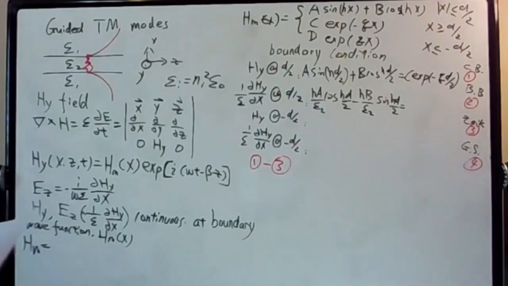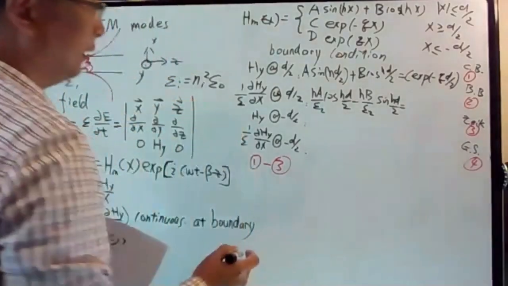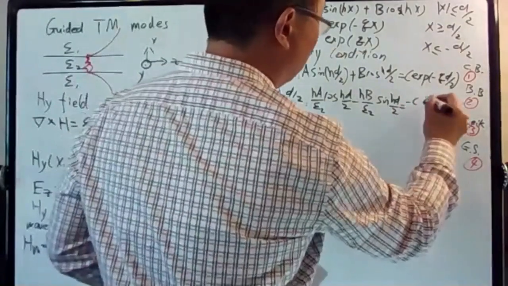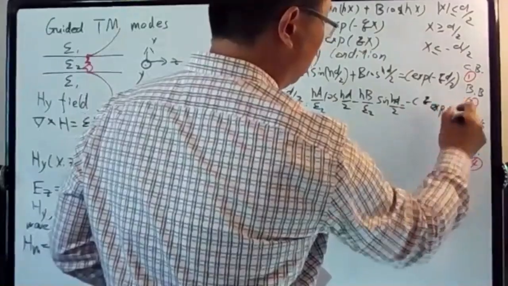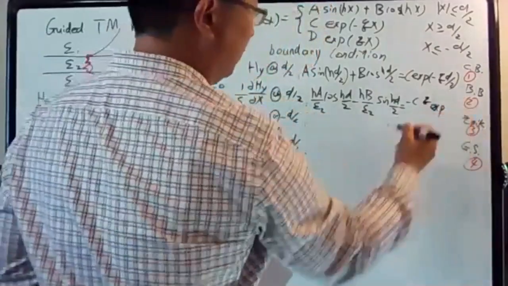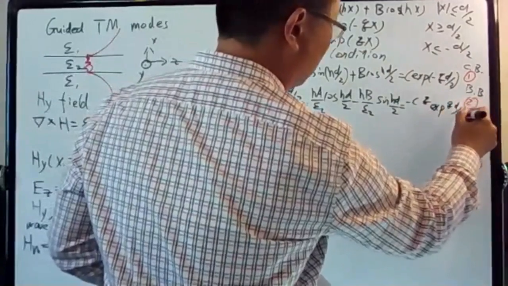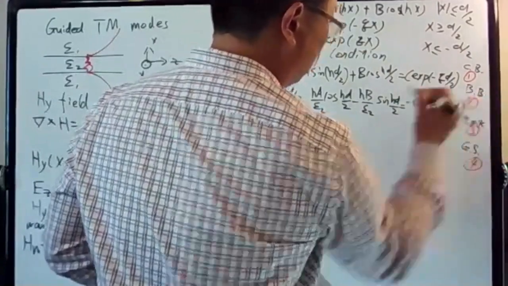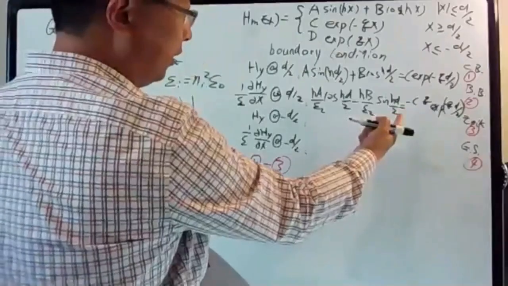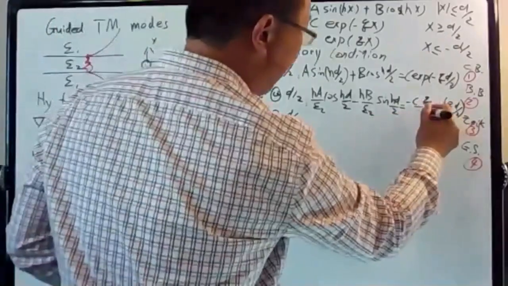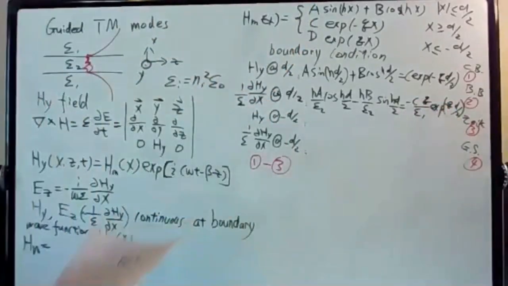That would just be negative Q exponent, and then Q d over 2, or negative Q d over 2. Okay, and anything else? That would be divided by epsilon 1. Okay, good. All right, thank you.